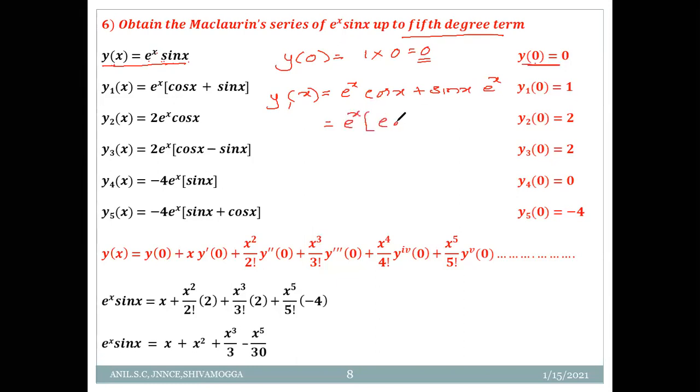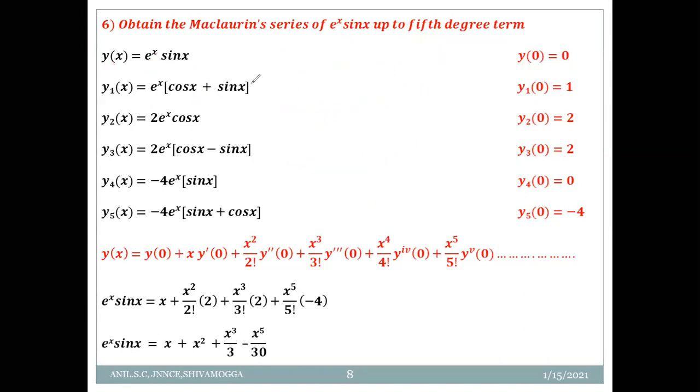Then what you get within the brackets is cos x plus sin x. e power x into cos x plus sin x. Now put x is equal to 0. When x is equal to 0, we get y1 of 0 is equal to e power 0 is 1 into cos 0 is 1 plus sin 0 is 0. Therefore, this is equal to 1 into 1, 1. y1 of 0 is equal to 1.